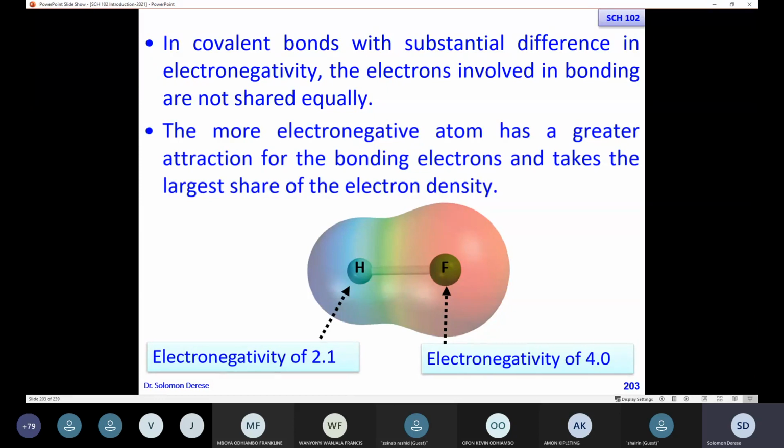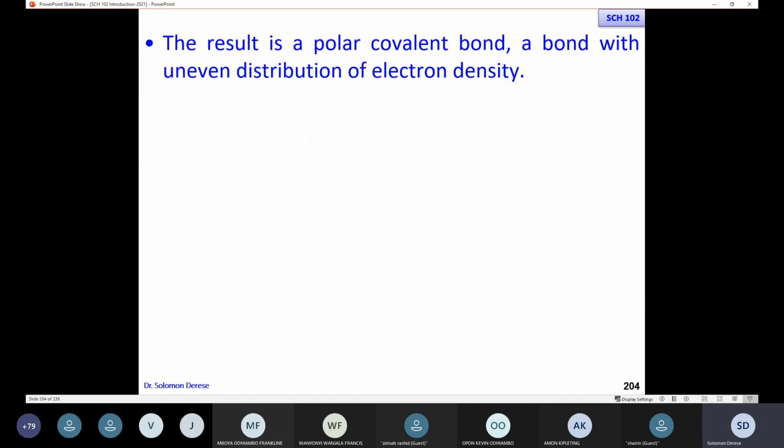They can only have a partial excess or partial deficiency, because this is not an ionic bond. If it was an ionic bond, one of them would be fully negatively charged, the other one fully positively charged. But this is covalent. Covalent is sharing. But it's just that the sharing is not the same when the two elements involved in covalent bonding are not identical, and more importantly, they have significant differences in their electronegativity.